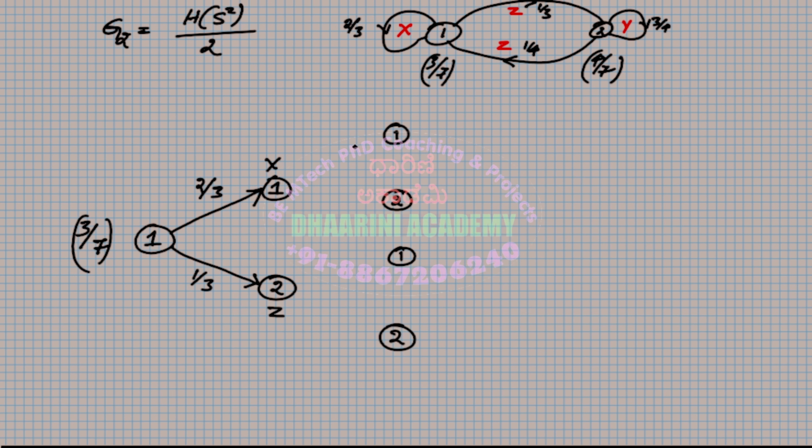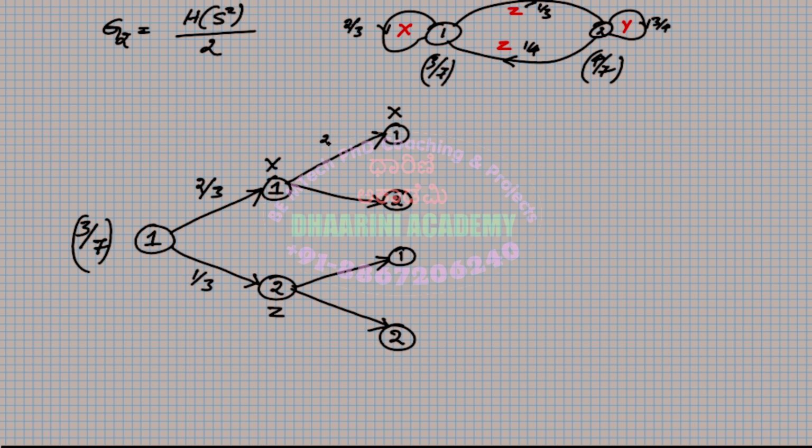These are the possibilities. Now you see, whenever you consider all the possibilities like this, you get two symbols, right? First symbol is X, then once again I may get X because I'm in state one, I go to state one, get X. From one I go to one once again, so I get this.